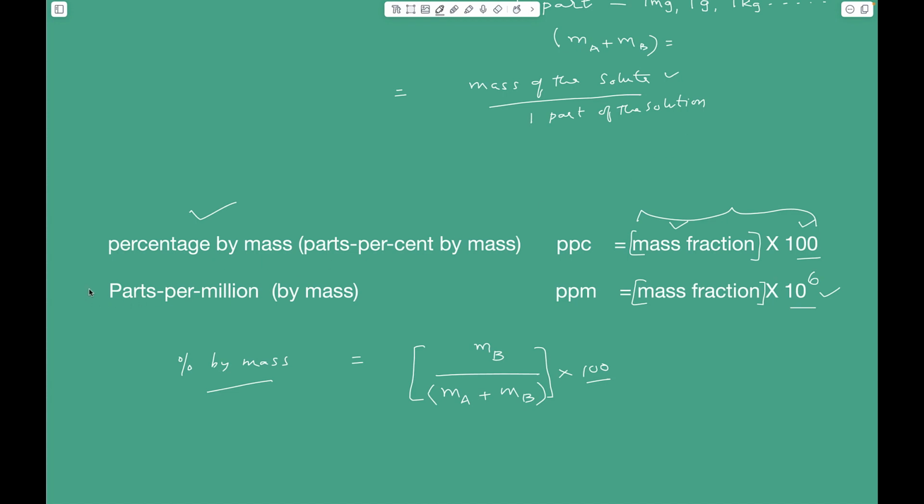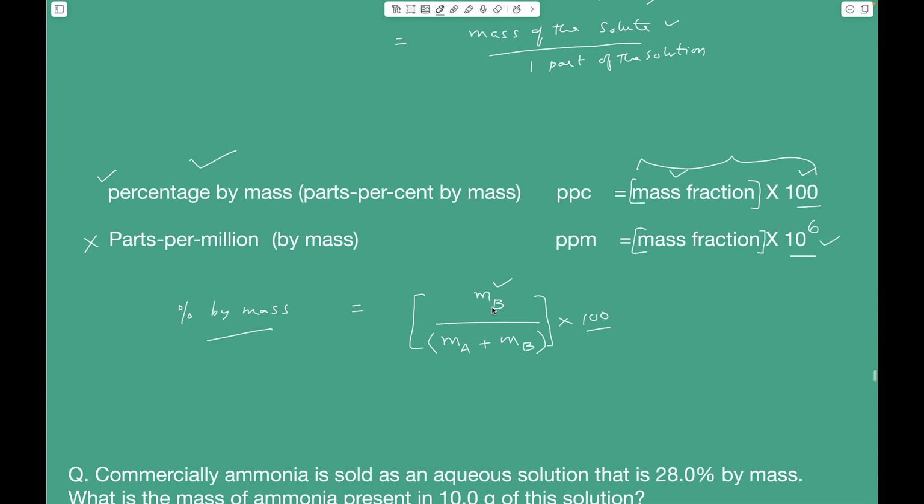And you don't have to worry much about ppm, but understand that percentage by mass is the mass of the solute per 100 parts of the solution, and it is given by MB over MA plus MB multiplied with 100.